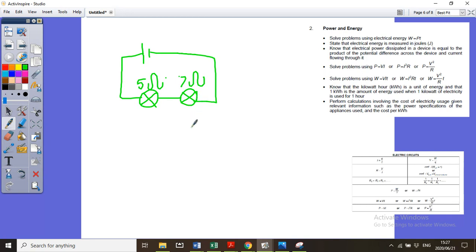But if they say to you, use relevant equations to explain this, then you're going to have to go to your power equation. Because current is constant in a series circuit, the best equation to use here would be the power equation that has current in it.